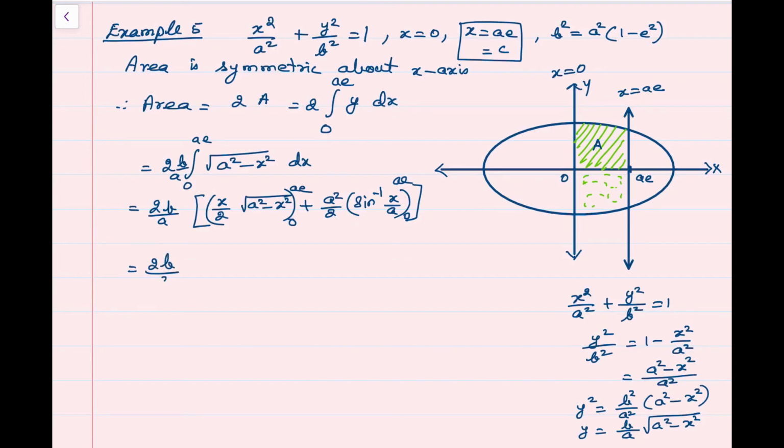2b divided by a times upper limit will be ae divided by 2 root of a square minus a square e square, and lower limit is 0, plus a square divided by 2 sine inverse of ae by a is e minus sine inverse of 0 by a is 0.